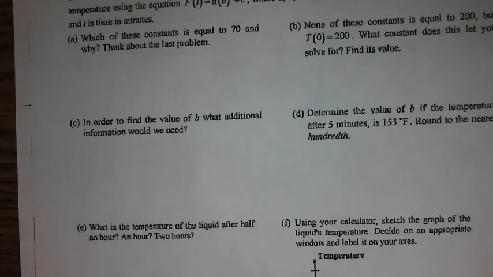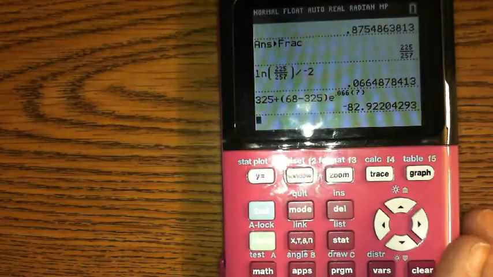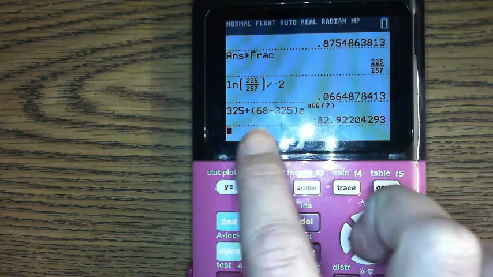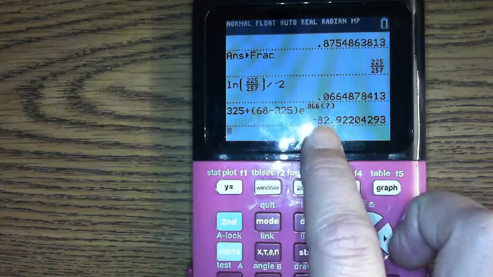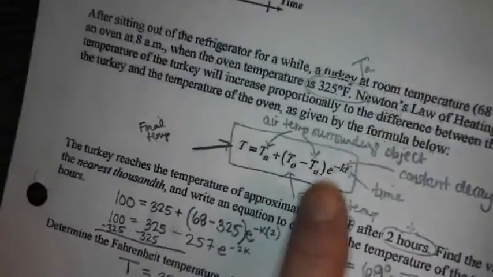Bring it over. 325 plus 68 minus 325. You didn't put your negative on the K. The formula is a negative KT, so you forgot your negative.